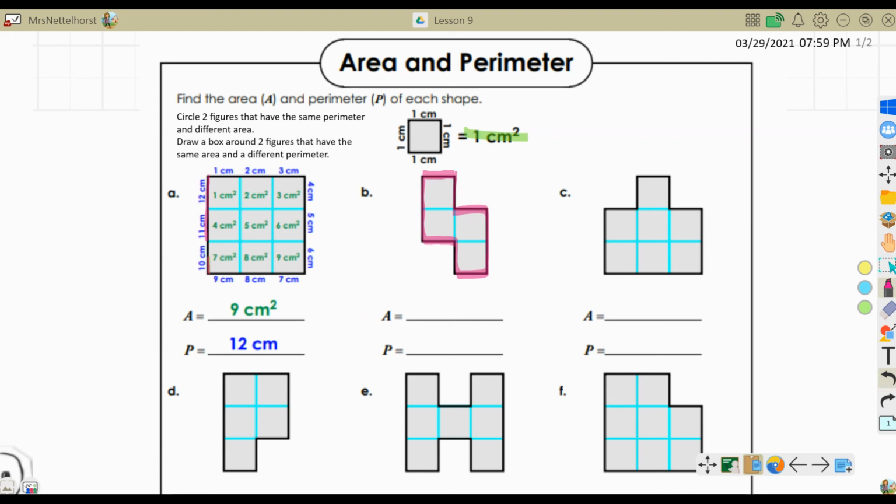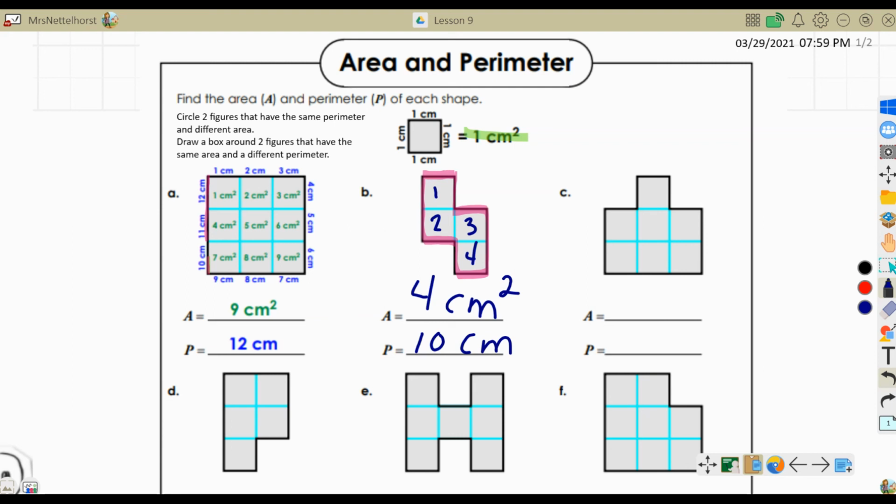I'm not going to write in highlighter either. So 10 cm. Then the area, I'm going to count the squares. 1, 2, 3, 4. So it is 4 centimeters squared. Put that 2 up high. It's called a superscript.